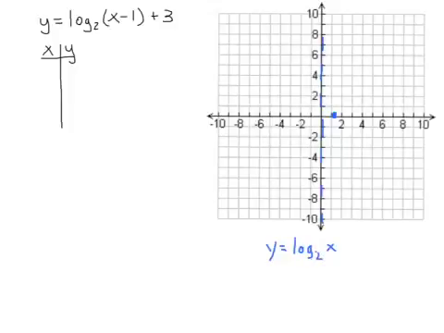So if I fill in, for example, x is 4, because I'm looking at powers of 2, it would be saying log base 2 of 4, which is 2 squared. Okay, and that exponent, 2 squared, that's saying 2 to what power is 2 squared? It's 2. So I would have the ordered pair (4, 2).